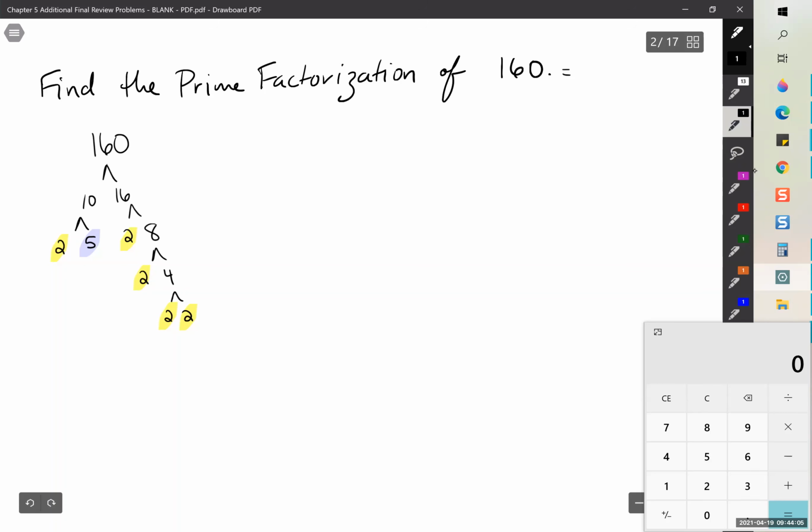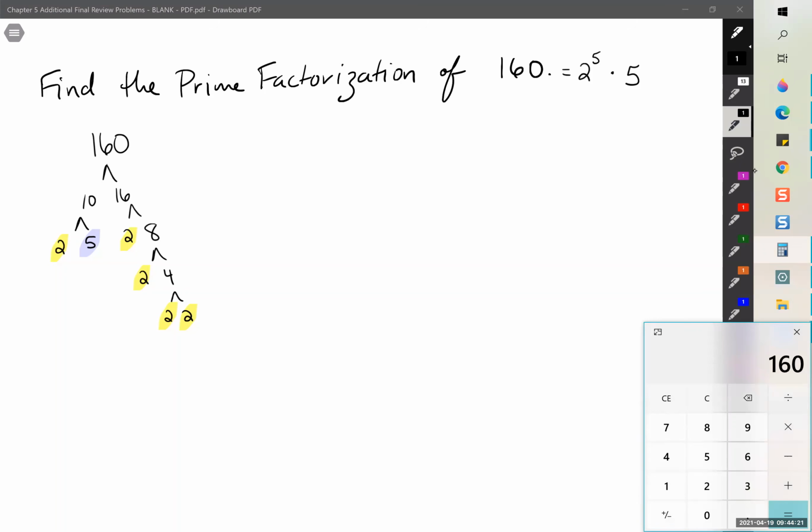Did y'all get 2 should occur 1, 2, 3, 4, 5 times, so we get a 2 to the 5th times 5. It does check out. Good.